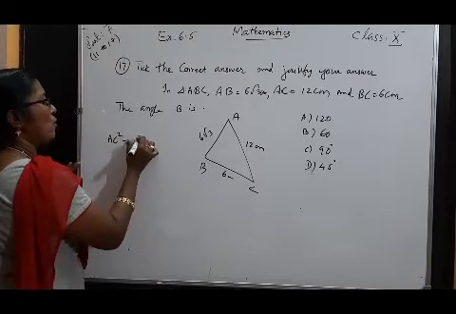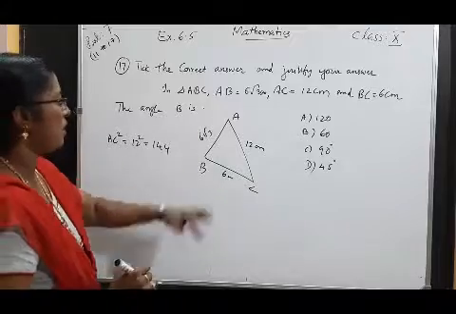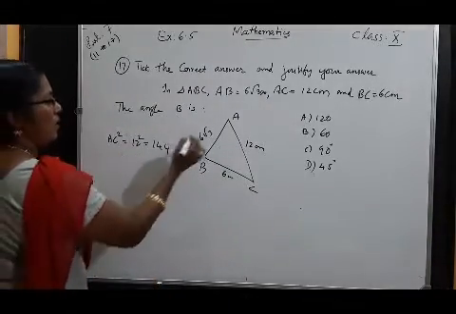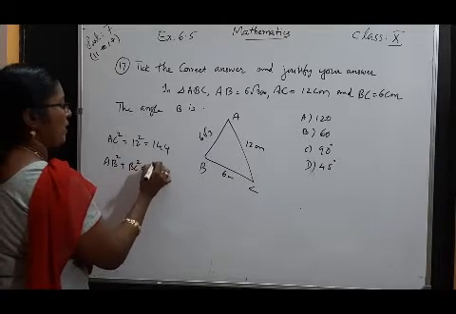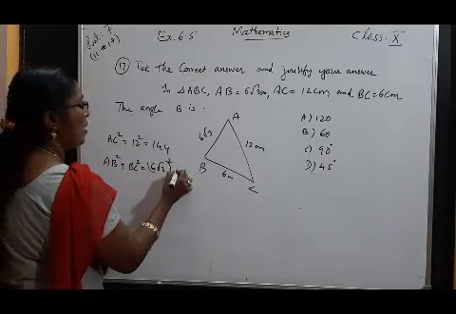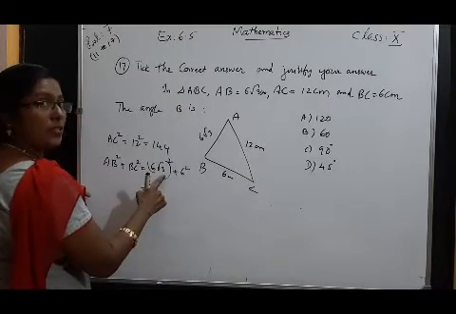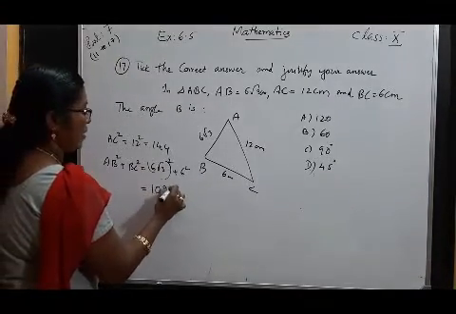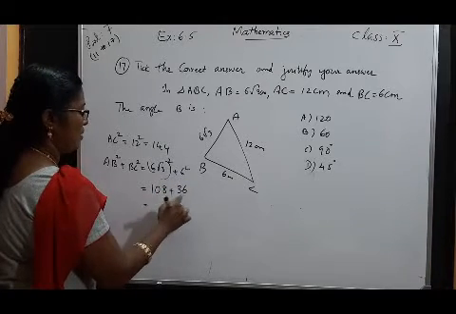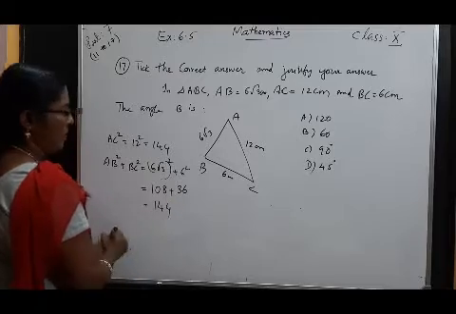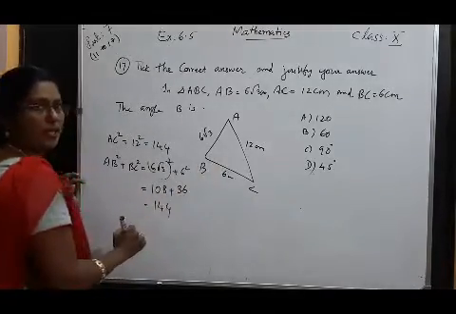AC square equals 12 square, that is 144. Then the sum of the squares of the smaller sides, AB square plus BC square, that is 6 root 3 square plus 6 square. 6 sixes are 36, 36 into 3 is 108, plus 6 sixes are 36, that is 144. Yes. The sum of the squares of the smaller sides is equal to the square of the larger side.